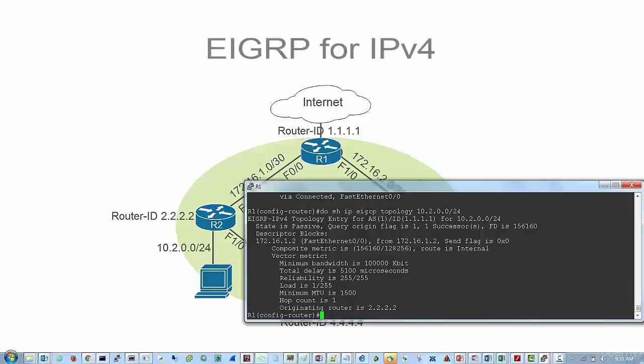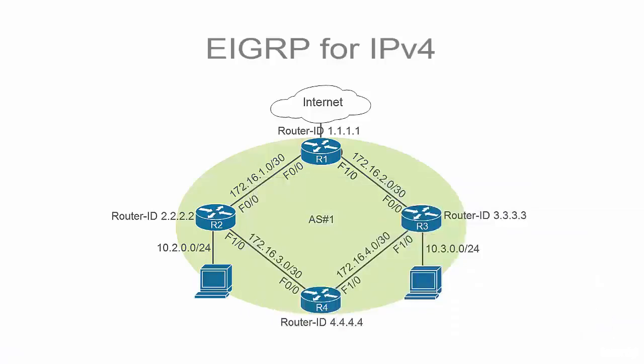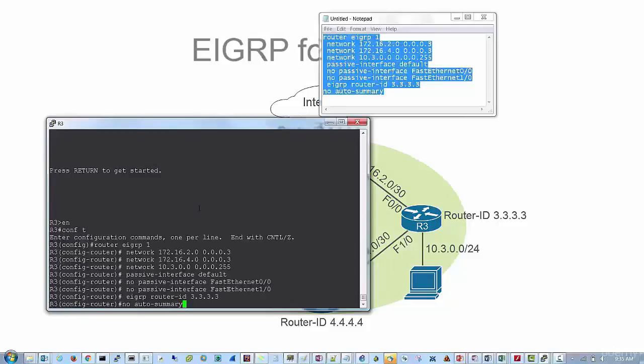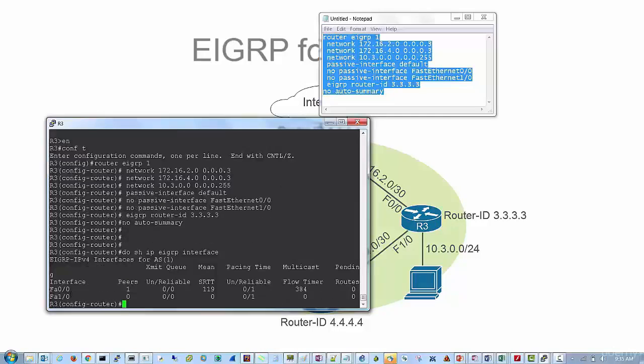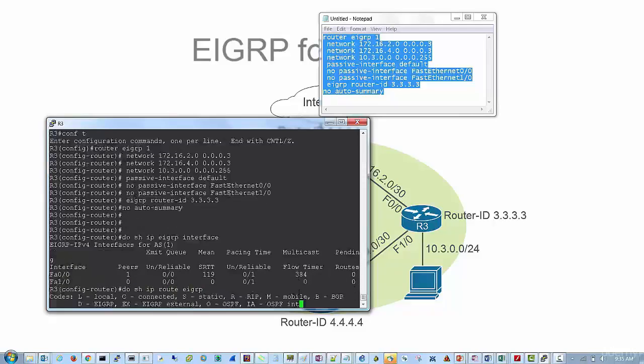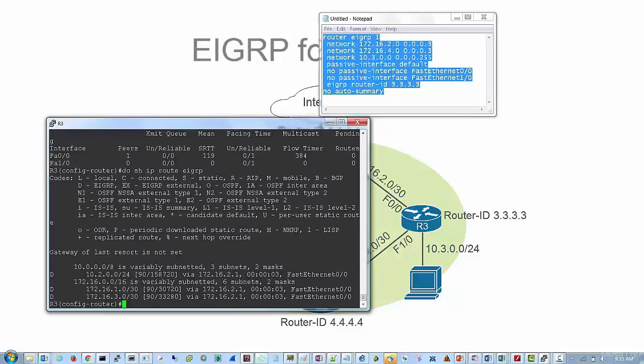Okay, so let's zoom through the rest of the topology and we'll configure R3 and R4 for EIGRP peerings. We'll paste that in. Make sure that our EIGRP interfaces are enabled. There we go, it already has a peer, I'm assuming with R1. See if it has any EIGRP routes.